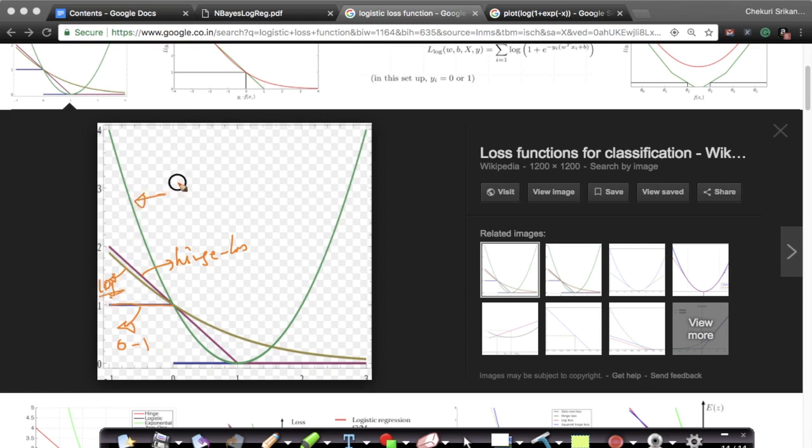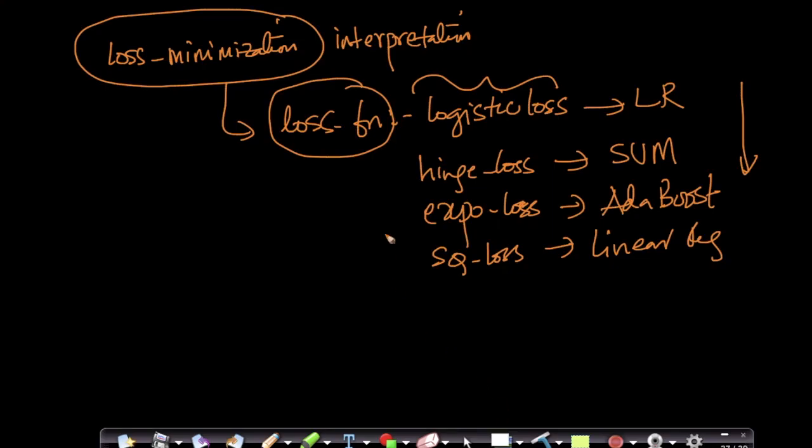Your green line here is your squared loss. So in a single diagram, when we have logistic loss, we get logistic regression. When we have hinge loss, you get SVM. When you have squared loss, you get linear regression. Literally in one diagram, you have 3 models sitting out there. That's what I love about the loss minimization interpretation.